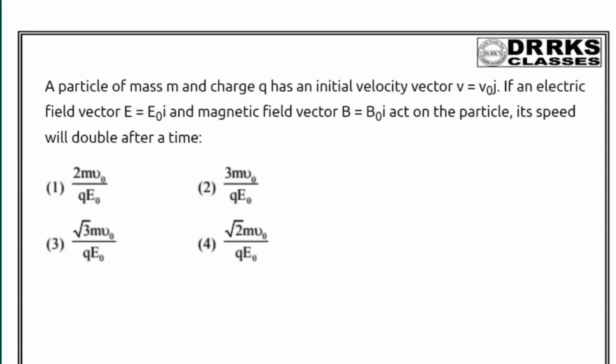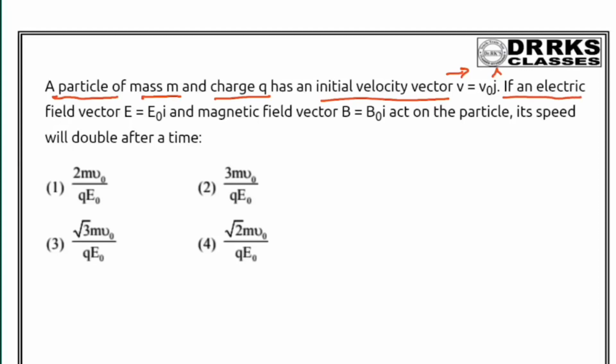This is the problem sent by a student as a part of our doubts clearing session. A particle of mass m, charge q has initial velocity v bar equal to v naught j cap, that is, along the positive y direction.